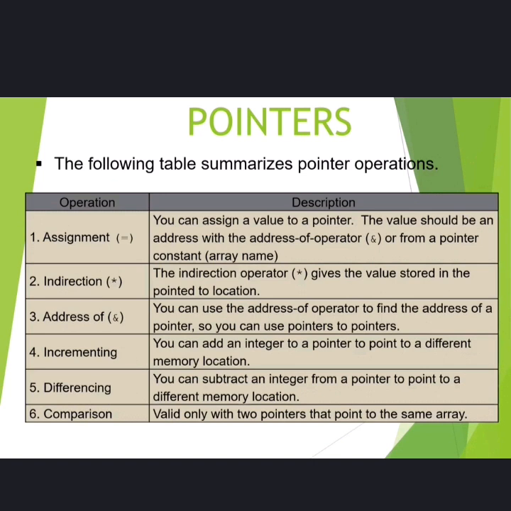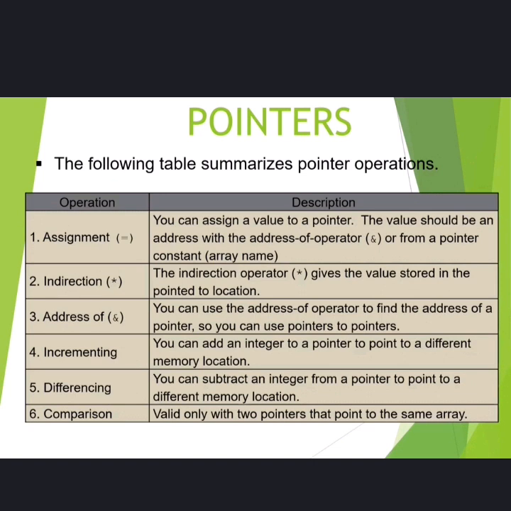Second, indirection operator. The indirection operator gives the value stored in the pointed-to location. Third, address of operator. You can use the address of operator to find the address of a pointer, so you can use pointers to pointers. Incrementing operator.